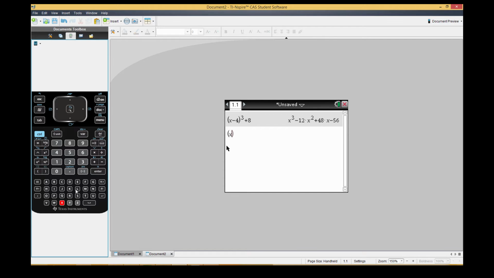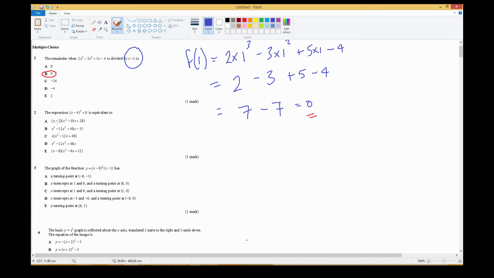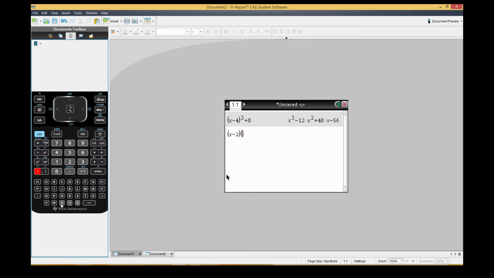So it's x minus 2, open bracket, x squared minus 10x plus 28, close brackets. We enter that. It doesn't actually expand it for us, so we have to do that manually, and we'll have a look at it.